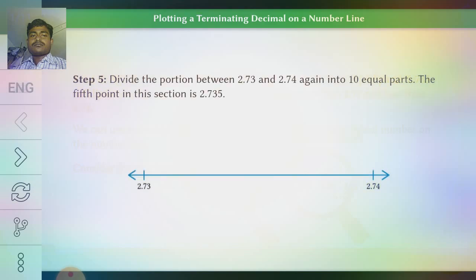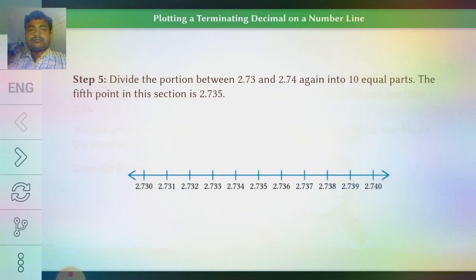Step 5. Divide the portion between 2.73 and 2.74 again into 10 equal parts. The fifth point after 2.73 is 2.735.